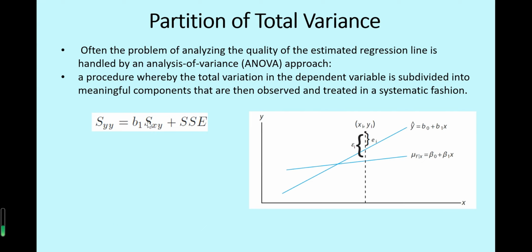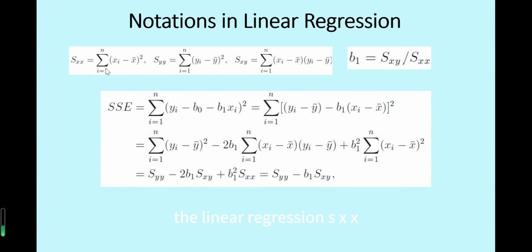Here B1 is the slope coefficient. Looking at the notation in linear regression, SXX is the sum of x minus its mean, squared, and SXY is the sum of the cross product of x and y minus their means. SSE is the error term between the observations of y and the fitted value of y.